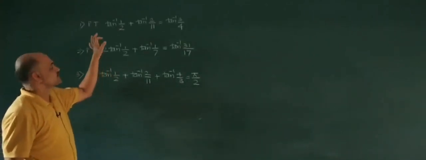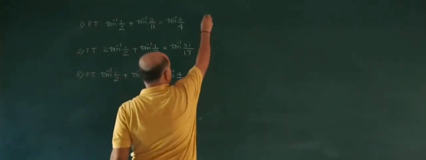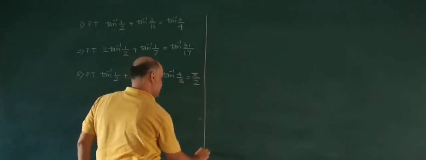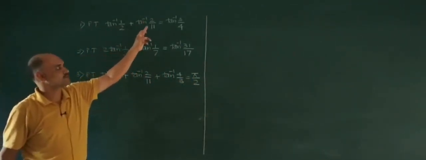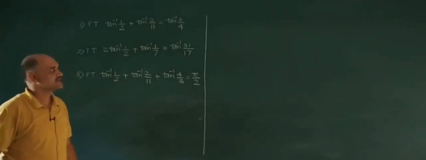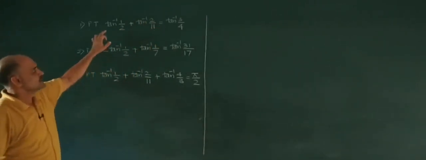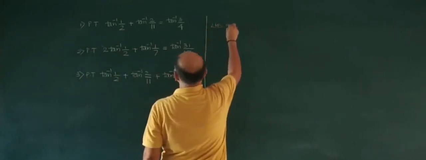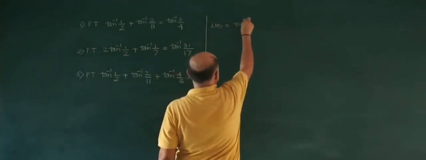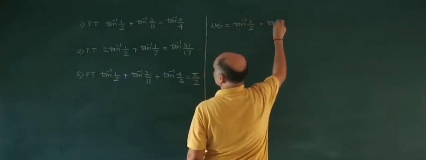Okay. So first we will take this problem. First one. Prove that tan inverse 1 by 2 plus tan inverse 2 by 11 is equal to tan inverse 3 by 4. So take LHS. LHS is tan inverse 1 by 2 plus tan inverse 2 by 11.